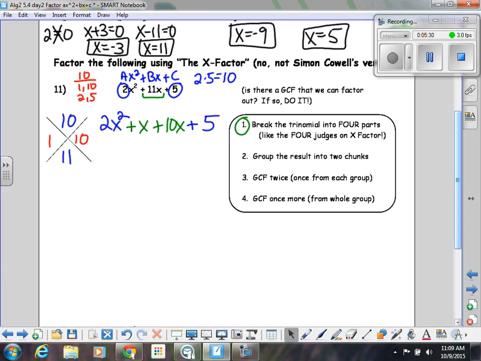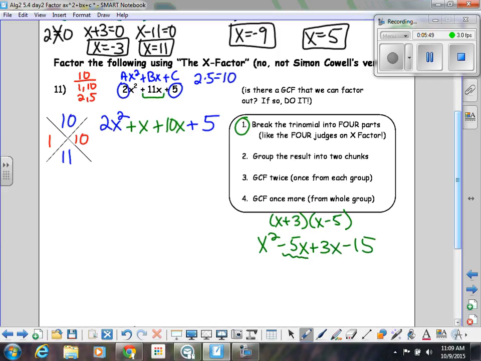And why would we want to do that? Remember, we're trying to go backwards in the FOIL process. So reminder over here, this is just some side work. If I had x plus 3 times x minus 5, and I FOIL that out, I would get x squared minus 5x plus 3x minus 15.